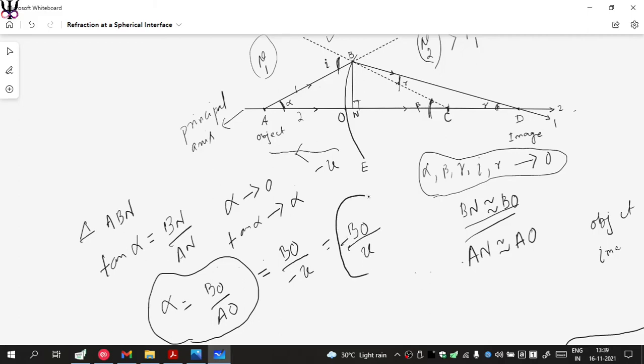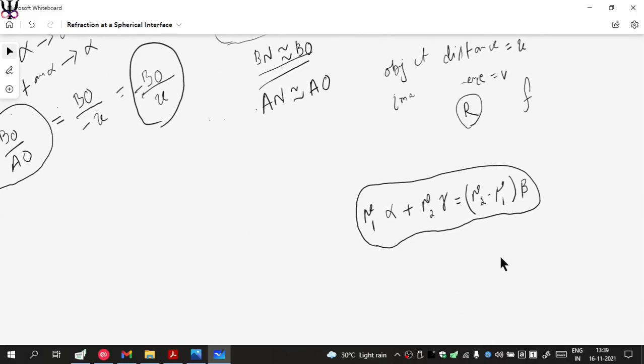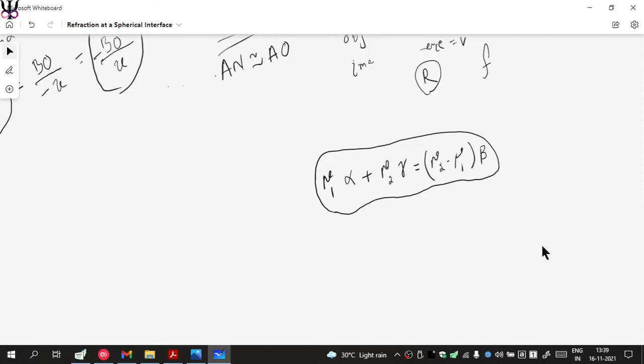In this equation we can write mu1 alpha as minus mu1 BO upon u. We have shortened this particular term in this equation.